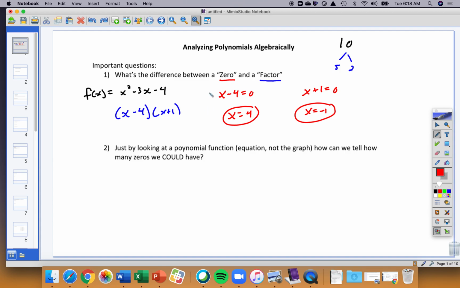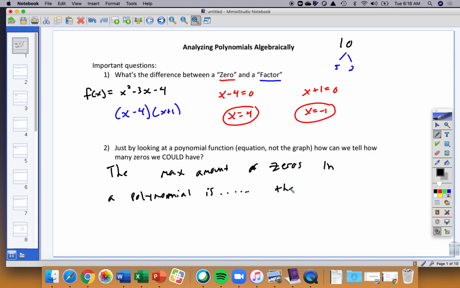The second question I asked: just by looking at a polynomial function, just the equation, how can you tell how many zeros we could have? What is the maximum amount of zeros? The maximum amount of zeros in a polynomial is the highest degree.